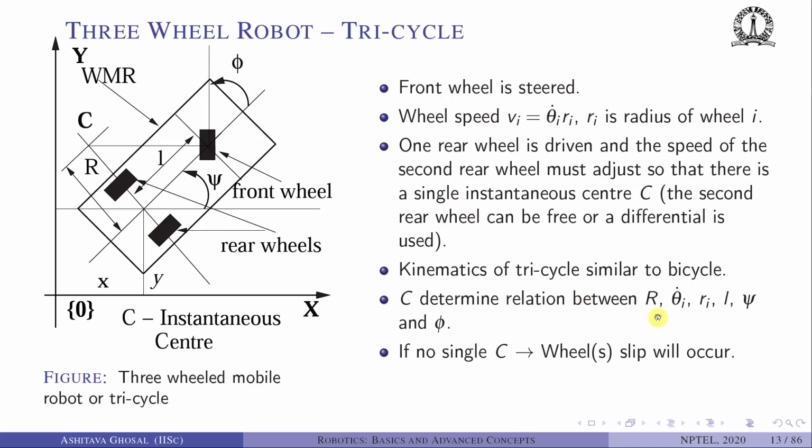C determines the relationship between r, theta dot, ri, l, psi and phi. If there is no single C, wheel slip will occur. You can think of it that this wheel is rotating faster, so it has some velocity vector, and this wheel has a velocity vector such that the instantaneous center does not exist. If there is not a single C, then one of the wheels must slip.